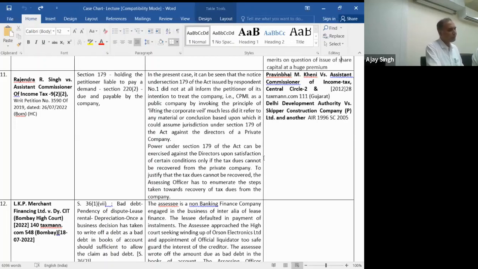They entertained this claim and allowed the petition of the assessee.